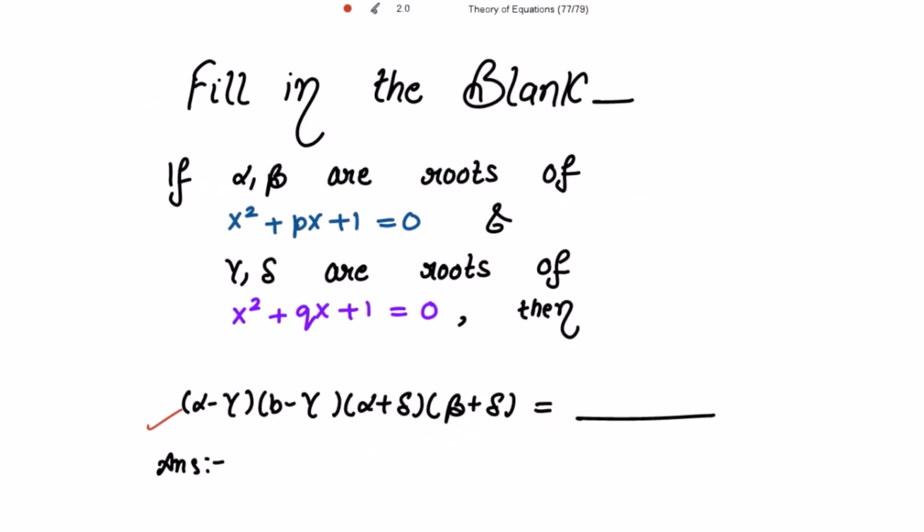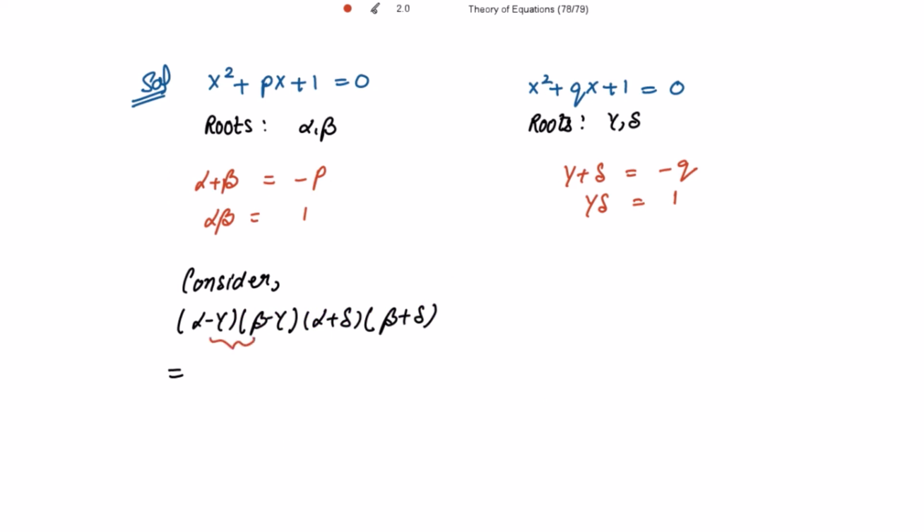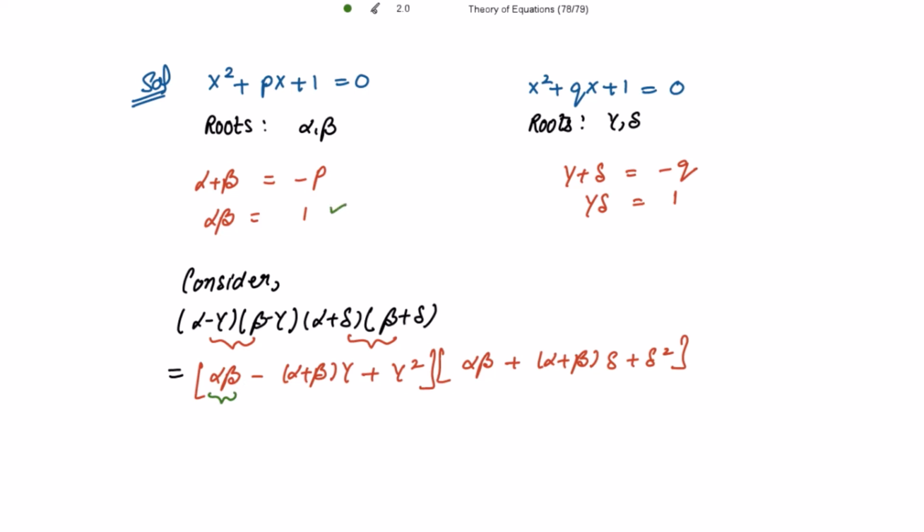Now let's consider this. Solving first these two brackets, we get alpha beta minus alpha plus beta into gamma plus gamma square. And then for these two brackets, if we solve, we get alpha plus beta into delta plus delta square. Now this product is 1, and the sum of the root is negative p. So let's put these values.